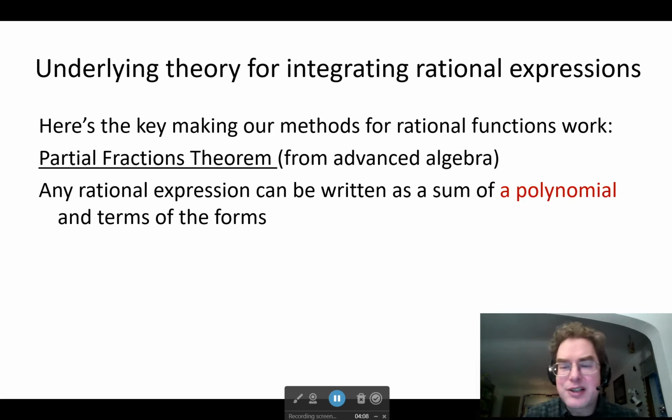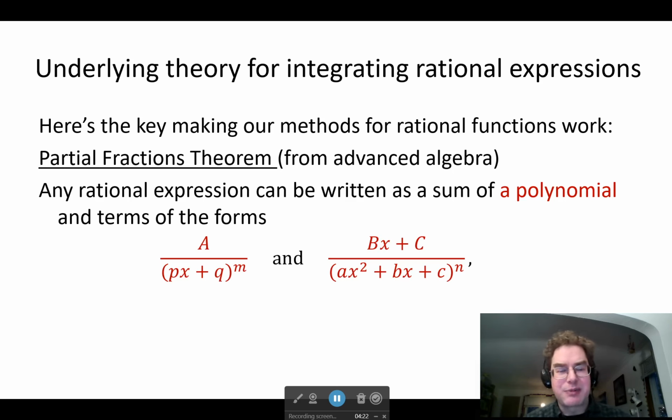It says that any rational expression can be broken down into a sum of the following three types of terms. Well, one of the types of terms is a polynomial, and the other two types are rational expressions, but they are rational expressions of very specific forms.